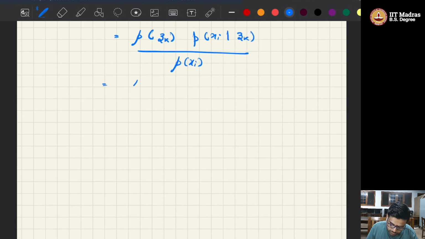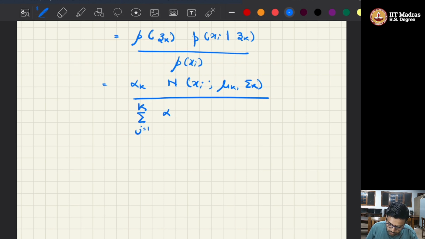This is alpha k times normal of Xi parameterized by mu k and covariance sigma k, divided by summation j equals 1 to capital K of alpha j times N of Xi, mu j, sigma j.